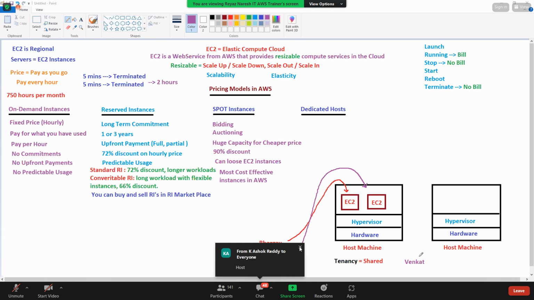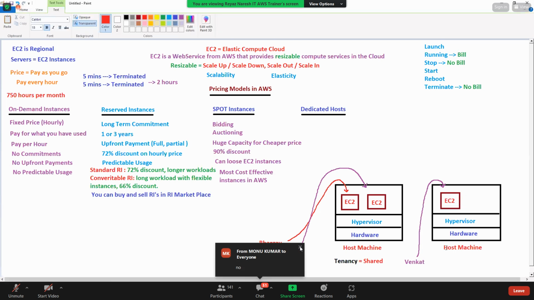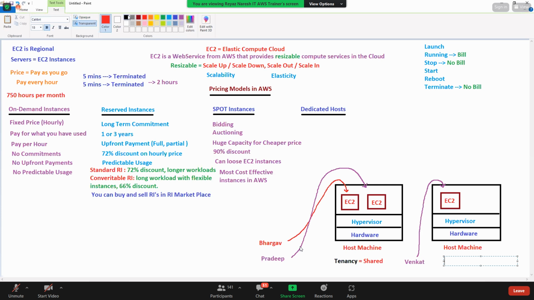The tenancy should be dedicated. Can anyone else launch an EC2 instance on that machine? No. If Venkat has chosen the tenancy as dedicated, then this physical host machine is completely for Venkat only. No one else can launch an EC2 instance there. So here tenancy is dedicated, exclusive for Venkat.